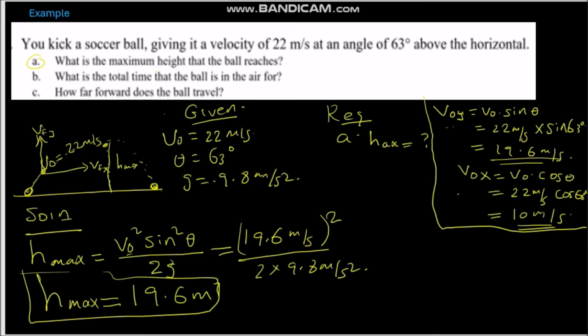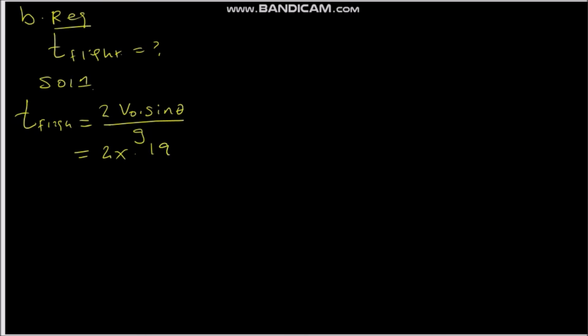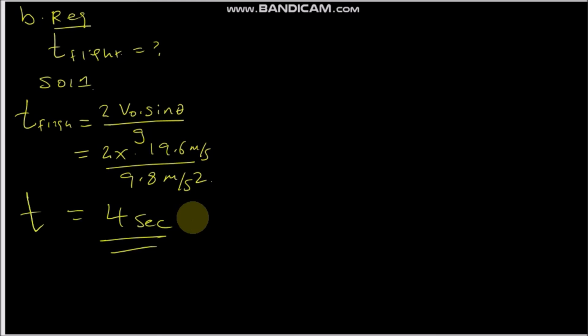We already calculated here, v naught times sine theta is 19.6 meters per second. So 2 times 19.6 meters per second over g, 9.8 meters per second squared, is equal to 4 seconds, the total time of flight. It's simple. Just remember all the formulas that we derived.